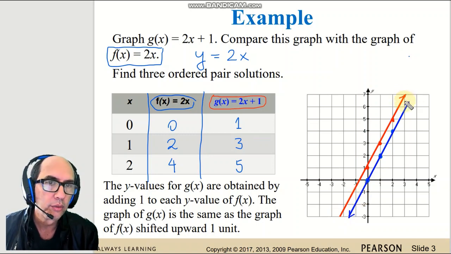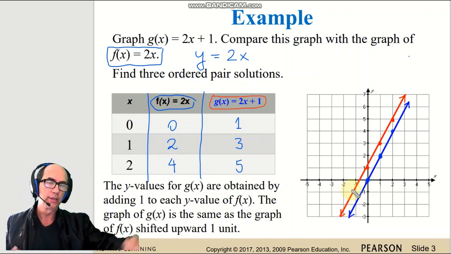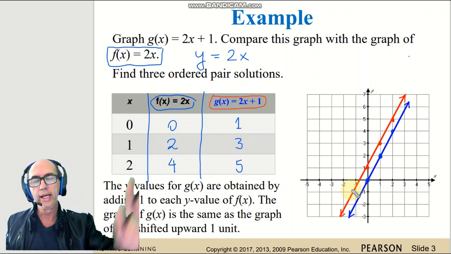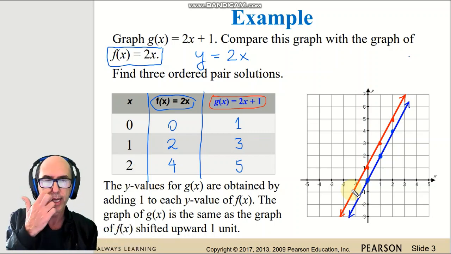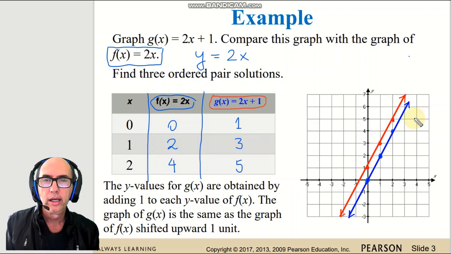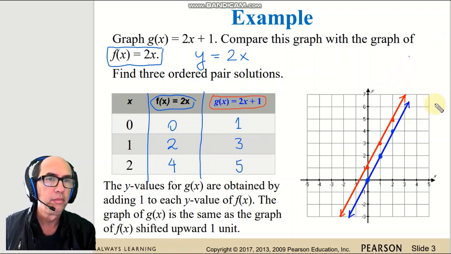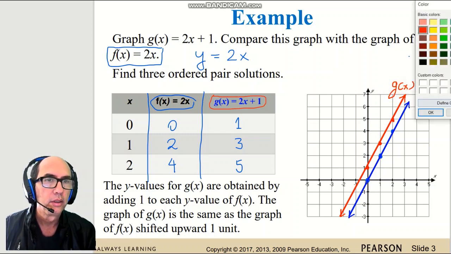Always try to remember to draw the arrows to represent that those lines actually go all the way to infinity on one side, negative infinity on the other side. As you can see, we can graph different functions in the same xy plane. This is g of x, and the blue is f of x.